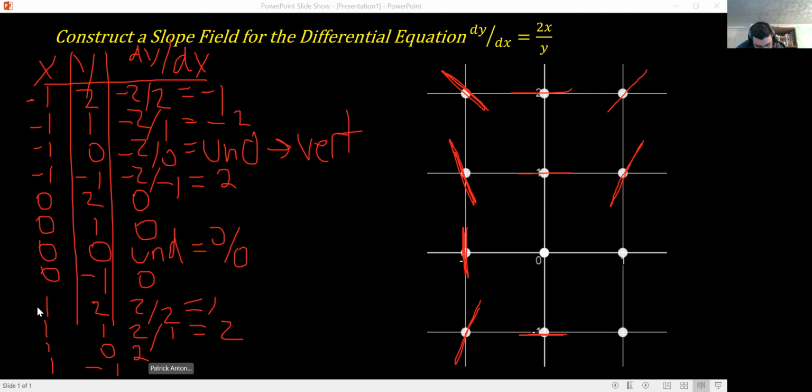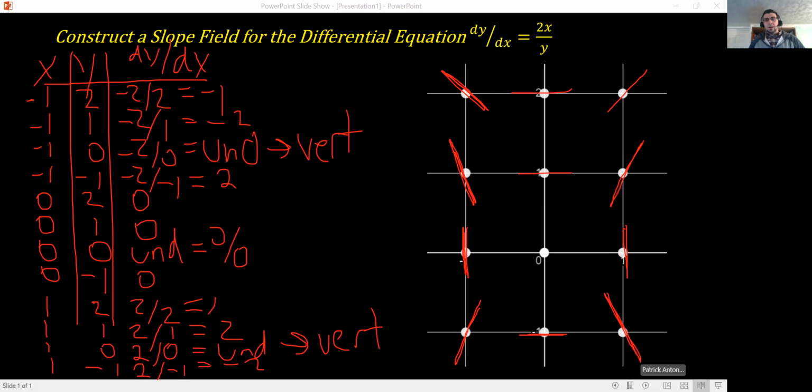Then 2 over 0, which again is undefined, but in this case, since it's a non-zero number over 0, you're going to put a vertical tangent line there. And then when x is 1 and y is -1, you'd have 2 over -1, which is -2. So your slope would be -2. All right. And that's our slope field for those 12 points.